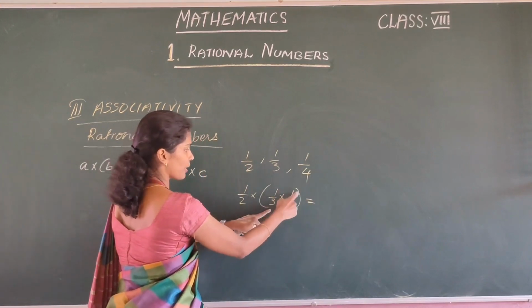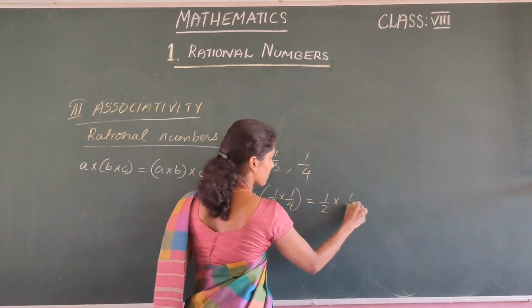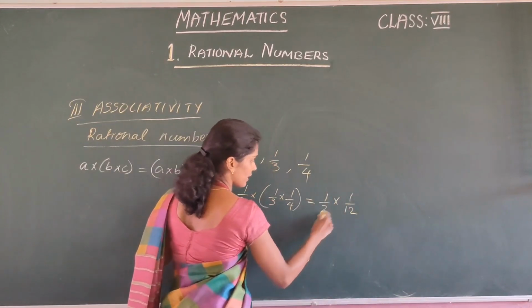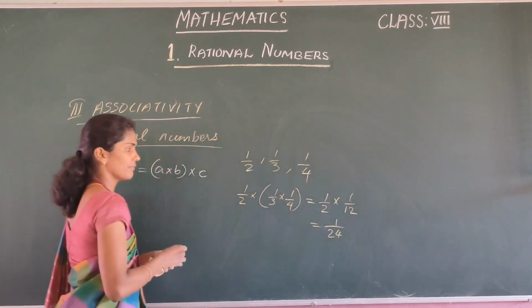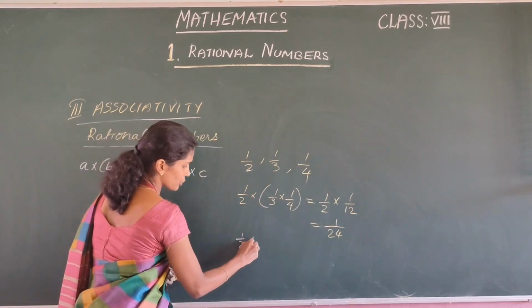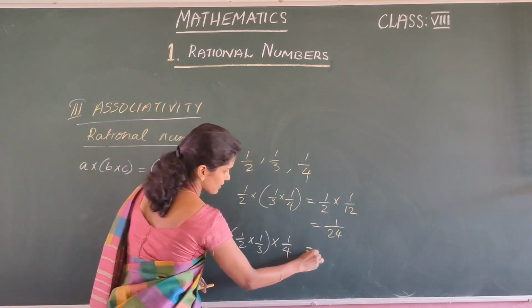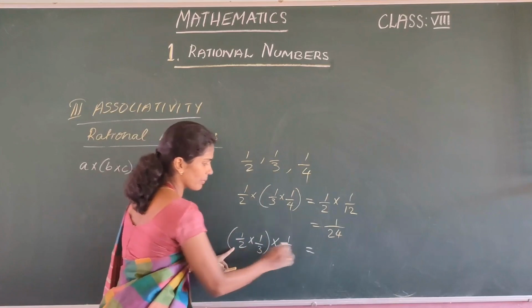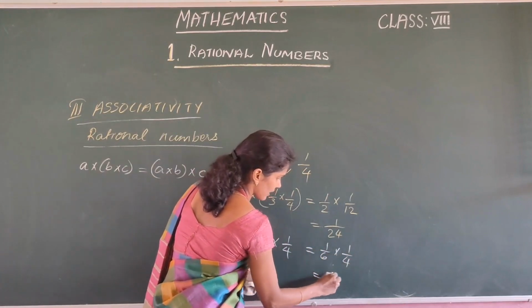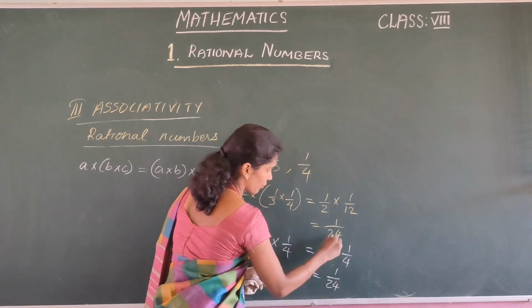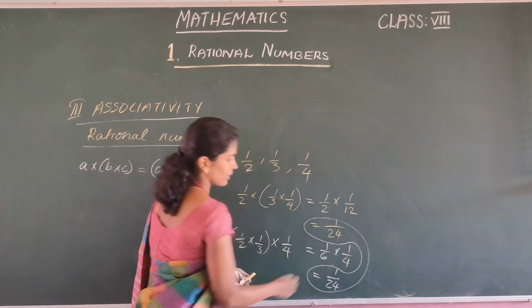Multiply the numerators, multiply the denominators, we got 1/6 into 1/4, that's equal to 1/24. Then we write this as 1/2 into (1/3 into 1/4). This is 1/2 into 1/12, which is again 1/24. These two are same.